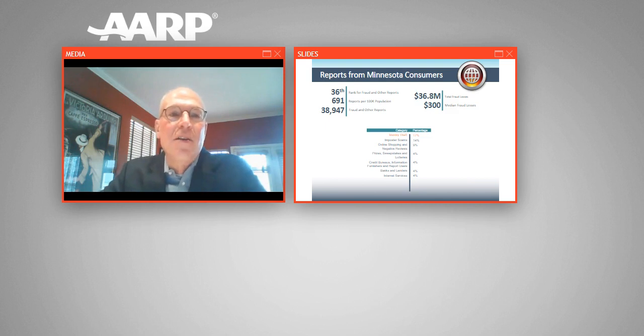So I mentioned earlier that we have both national data, but we also break it down by state. So this slide shows our data for complaints from Minnesota consumers in 2020. We do this by reports per 100,000 people in the state, so that we sort of make an apples to apples comparison between states.